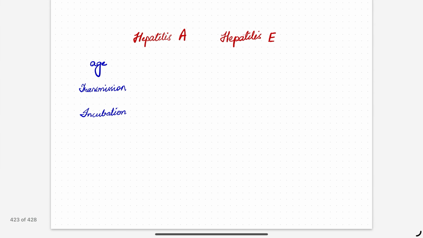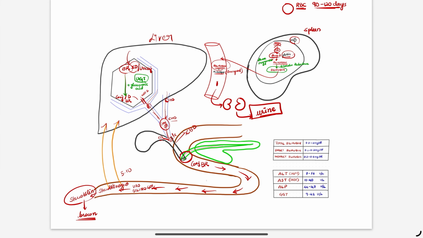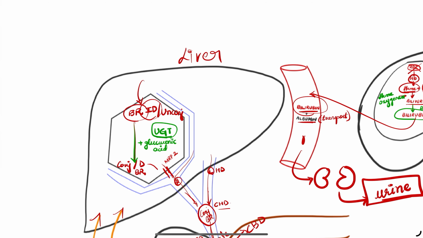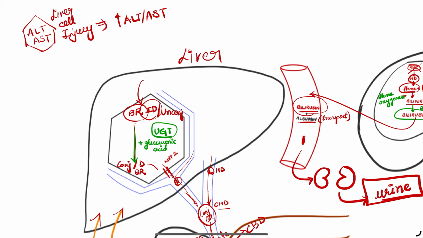Coming to the enzymes, the hepatocyte has two enzymes, alanine transaminase and aspartate transaminase. Whenever there is a liver cell injury, it will result in a rise of alanine and aspartate transaminases. Whereas the biliary canaliculi are lined by epithelial cells that secrete alkaline phosphatase.